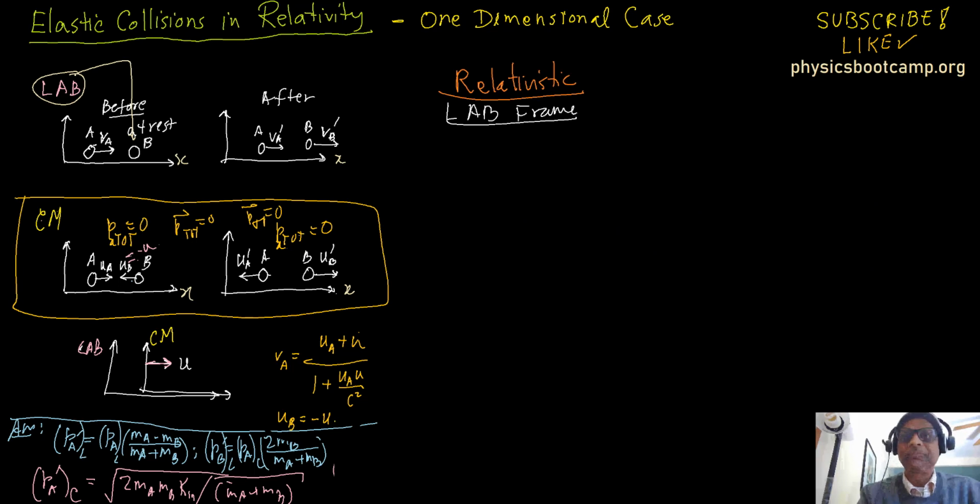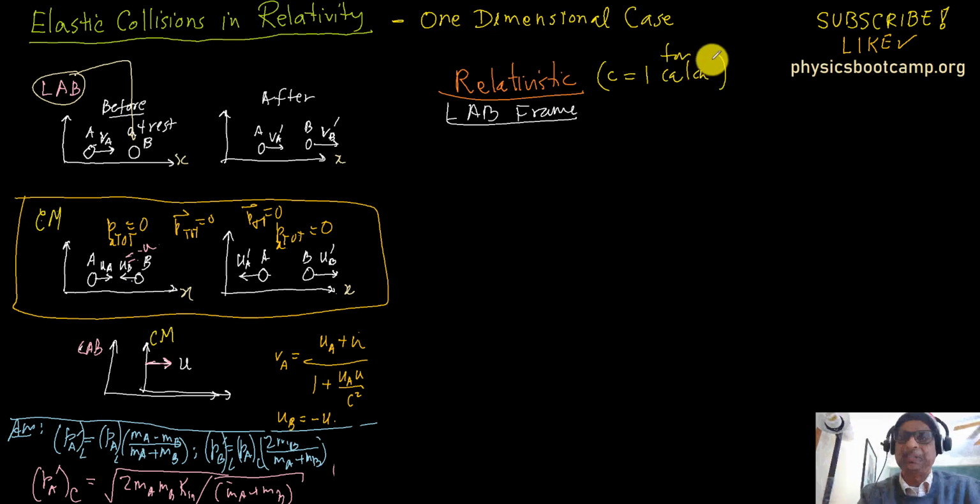When we do relativistic, we don't write down the expression for kinetic energy; we write down expressions for P and energy. First thing I'm going to do is set c equals 1 for the calculation. This is a very standard thing.